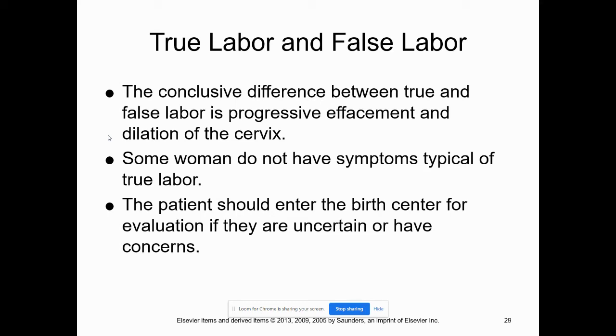In false labor, the pain, as I mentioned, is usually in the abdomen, maybe a little bit in the groin. But in true labor, the pain tends to be in the lower back and wraps around the very low abdomen. In false labor, there is no change to the cervix, whereas in true labor, there should be progressive dilation and effacement.